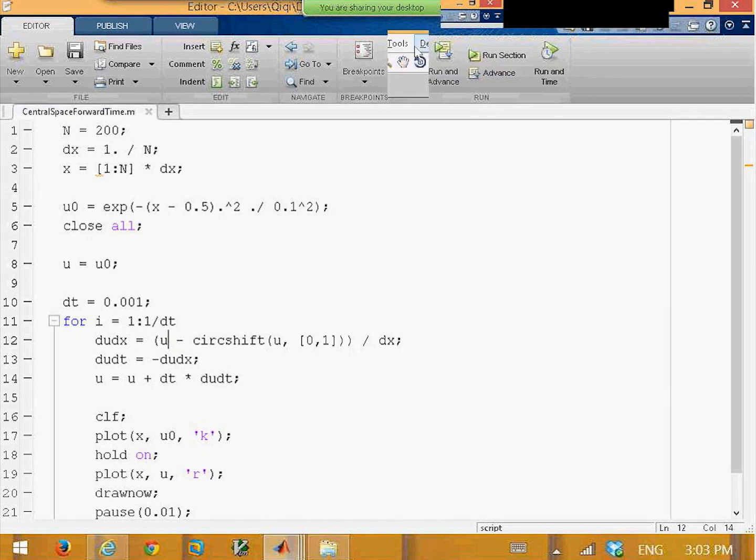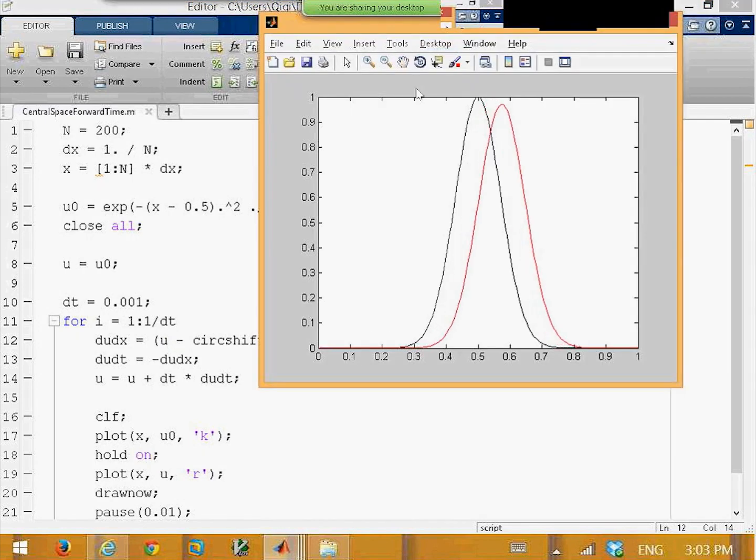When you run backward difference, we get a similar solution. But now, what does the solution do? Instead of growing a little bit, it decays a little bit. We have the same number of grid points.